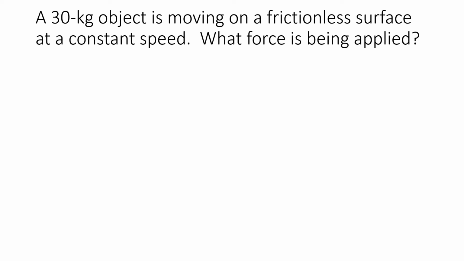We have a really important keyword here, right? Constant speed. Constant speed tells us that our acceleration is 0, and it also tells us that our net force is 0.